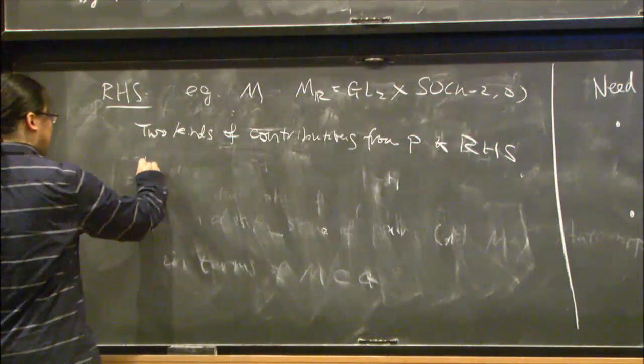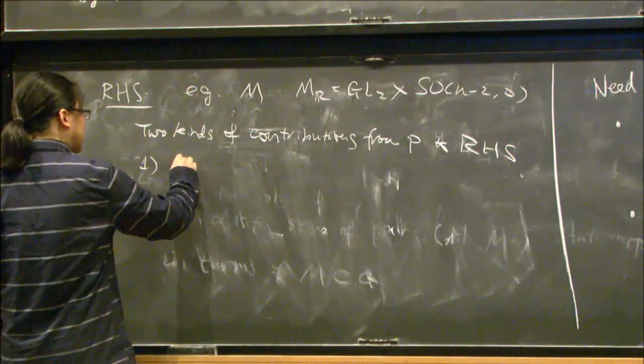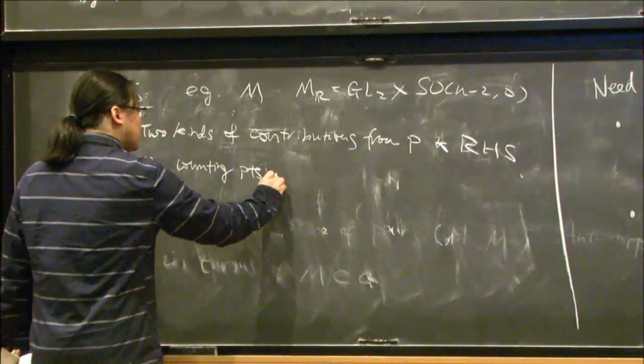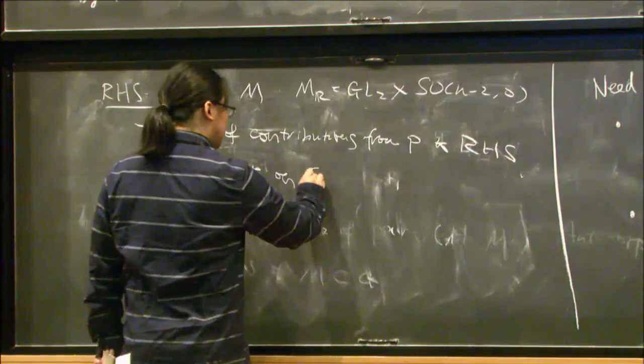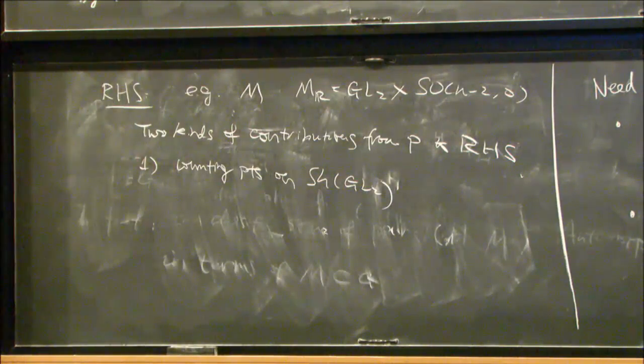Firstly, we have a good kind. They behave like counting points on the Shimura variety of GL2, which are just modular curves.